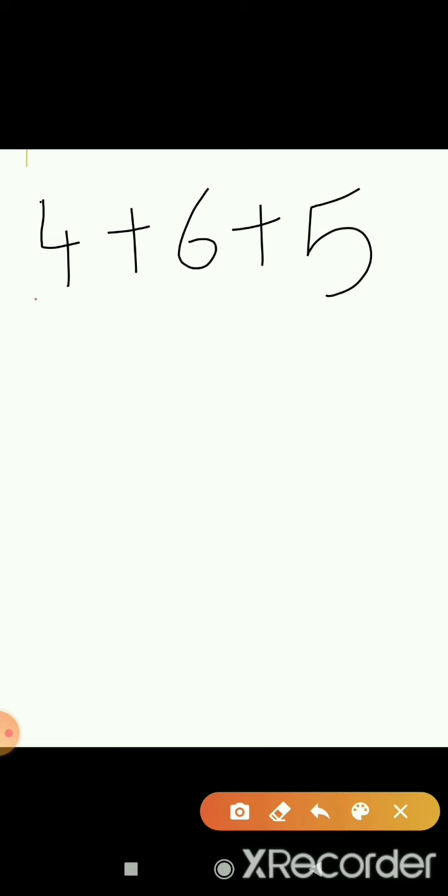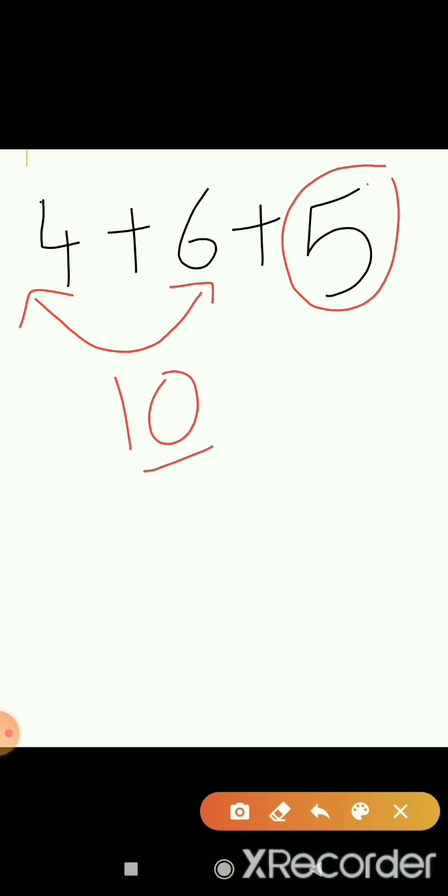Students, here 4 and 6 are the numbers which make 10. Now students, it is quite easy to add the remaining number with 10. Yes, so 10 plus 5. 10 plus 5 is equal to 15.